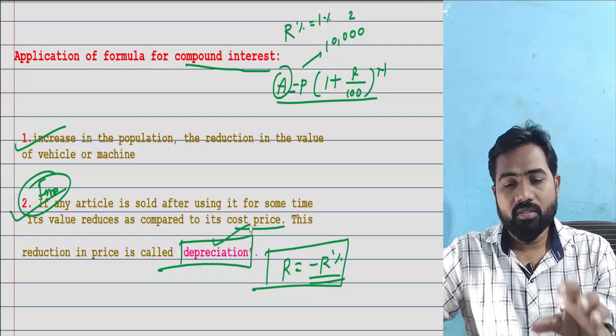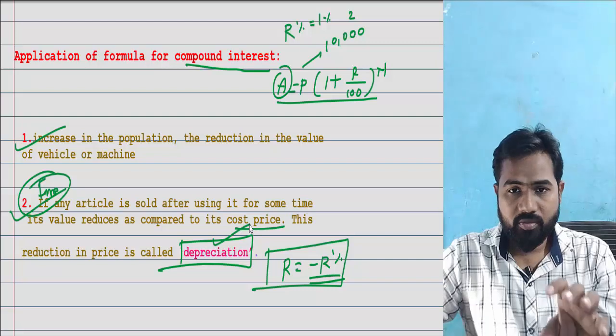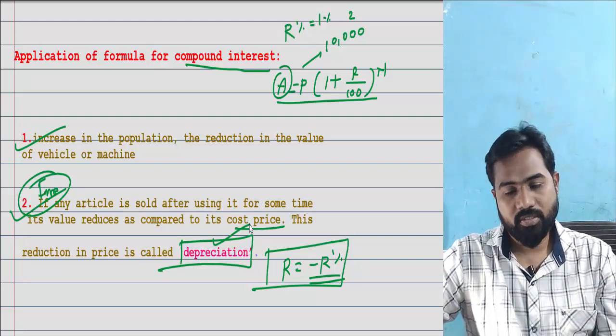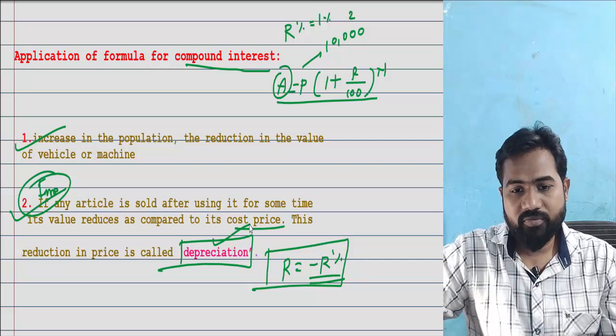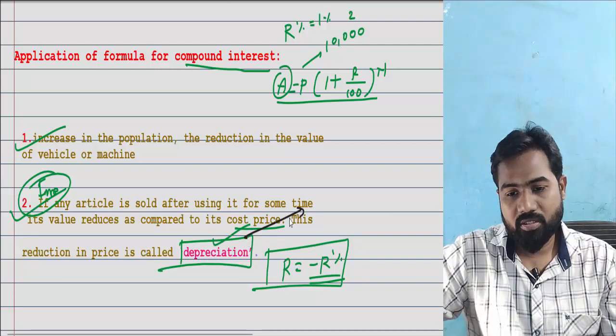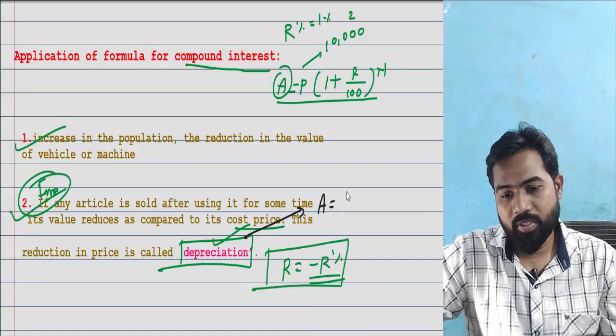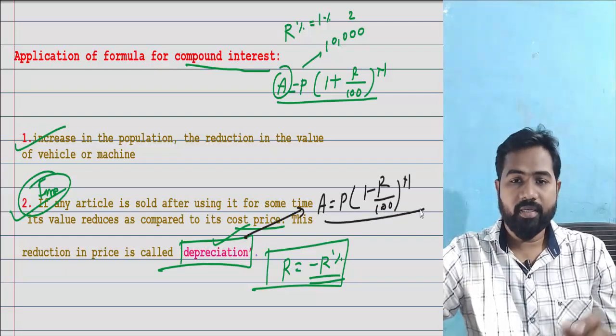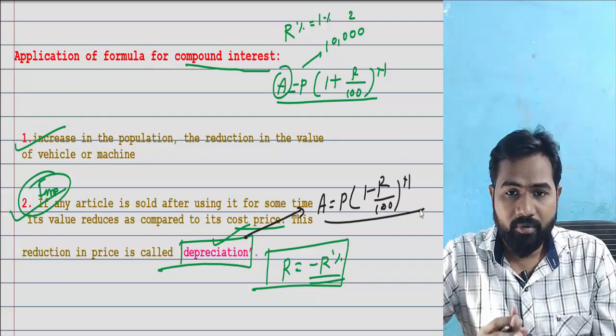That means the cost price of the product is going to decrease after 2 years. Is that clear? So in such a case, which formula do you have to use in terms of depreciation? Let me write it over here. This formula will be A equals P into 1 minus R divided by 100, whole to the power n.